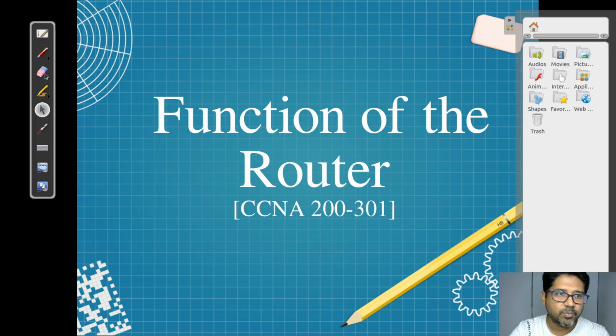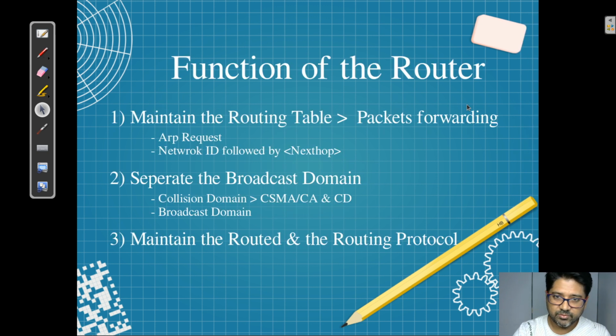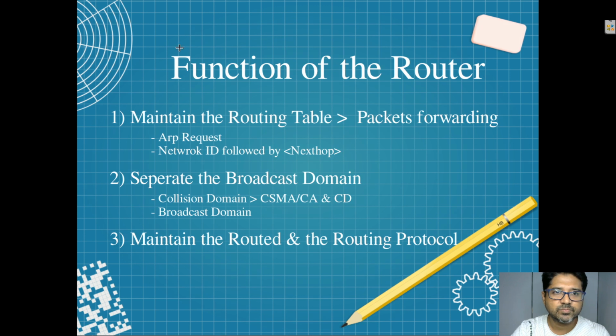The first topic we have is the function of the router. First point, as we discussed, the routing table. What is a routing table?